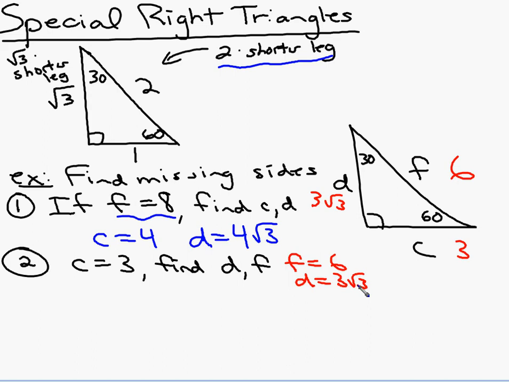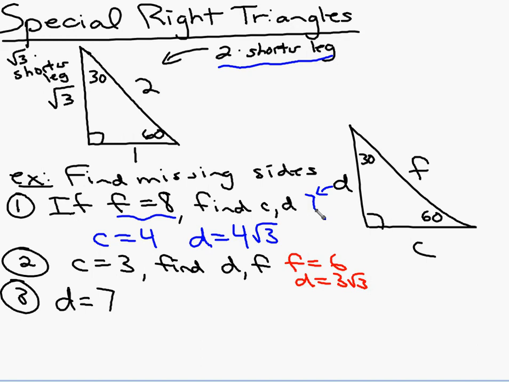Now, where you have to pay attention is on this third example. What if they tell you that D is 7? Let me erase my other numbers here. So now they're telling me that this side is 7.